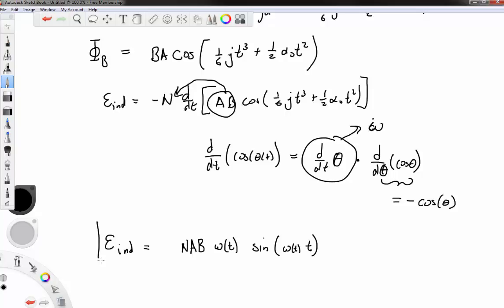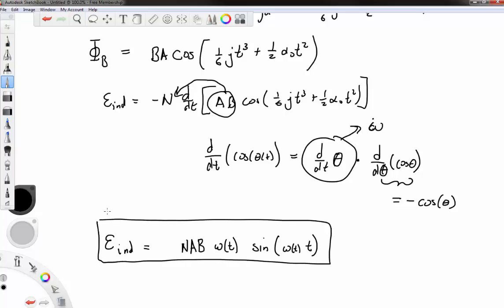And so it actually ends up working out more or less to be the same as before, except that now E induced equals NAB times the function 1/2 j t squared plus alpha naught t, times the sine of 1/6 of j t cubed plus 1/2 alpha naught t squared.